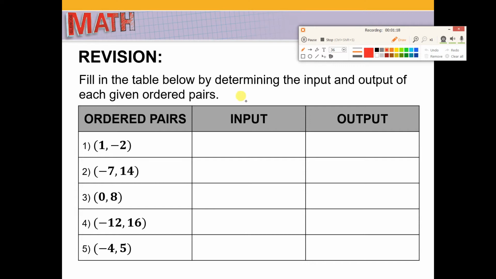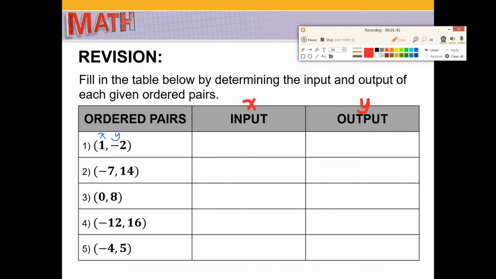Input is the X values and output is the Y values. And again, in an ordered pair, the first number is always X and the second number is always Y. Now that we have this in mind, let's fill in the table.